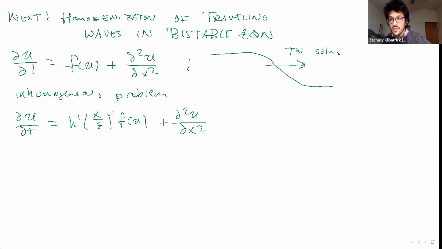Once you introduce some sort of inhomogeneity, you could imagine maybe that you also put in some D of x over epsilon here. Maybe you have some microstructure as well. This can happen in media that's made up of discreteness.